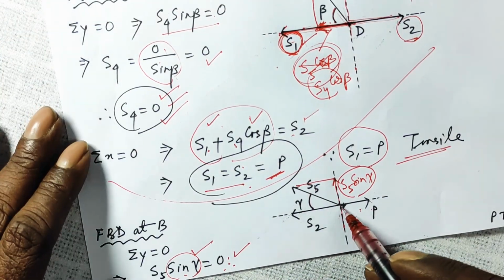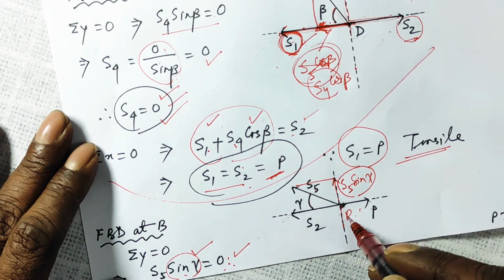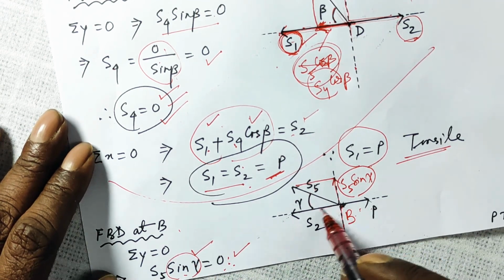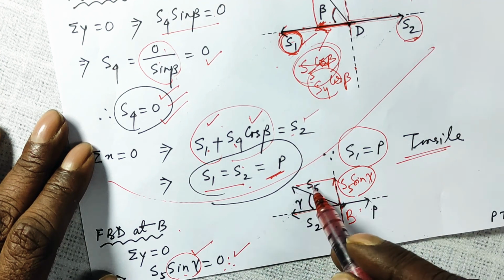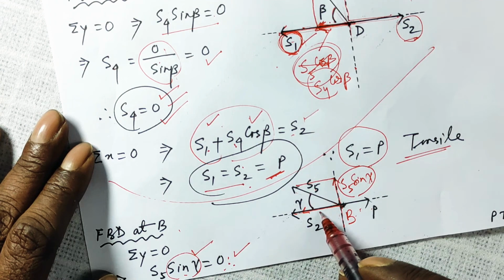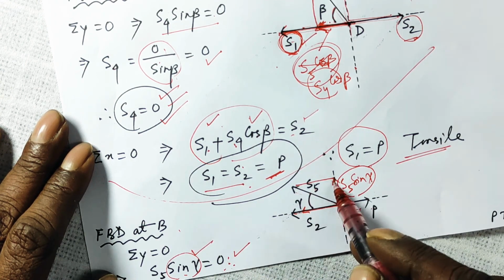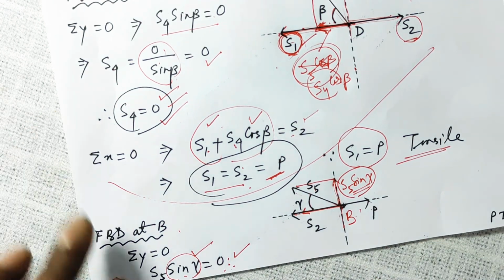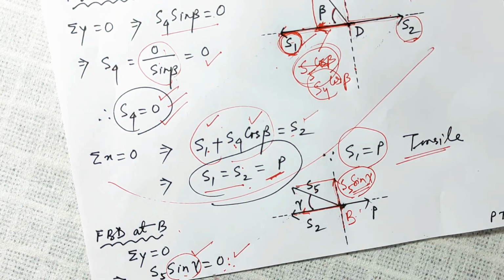This is S5 at point B. This is S2. This is S5. So this is S5 sine gamma, and the component of this towards this will be your S5 cos gamma. If you apply sigma y is equal to 0, S5 sine gamma will be 0.